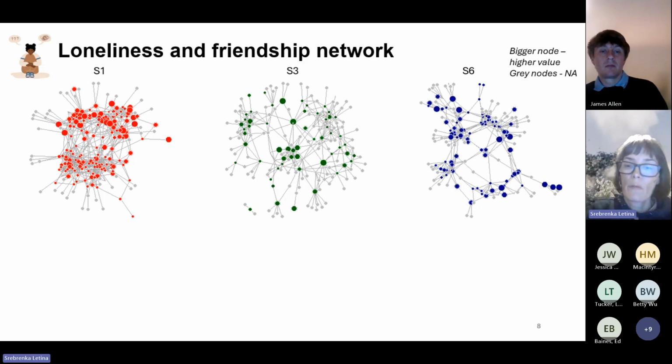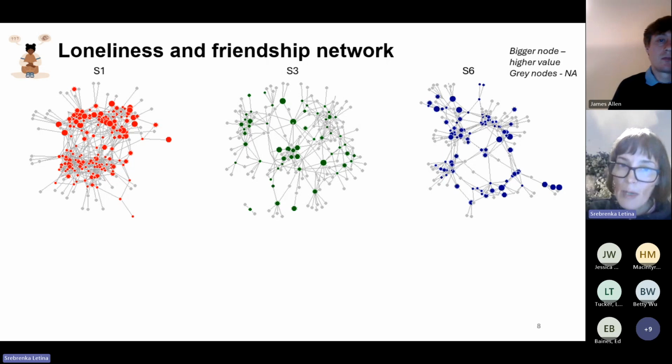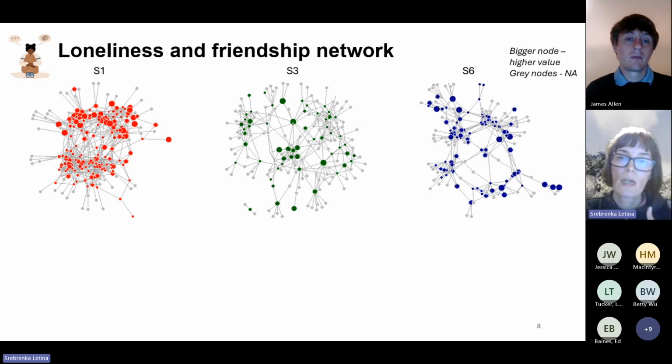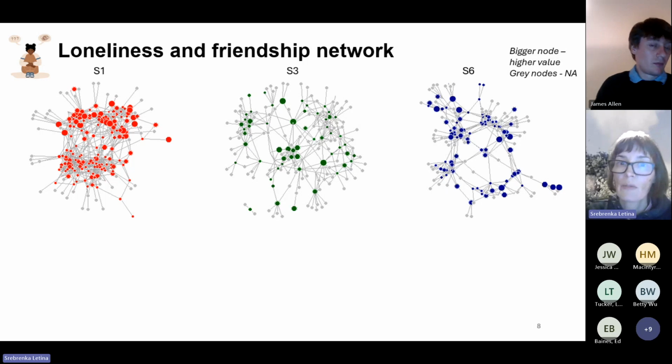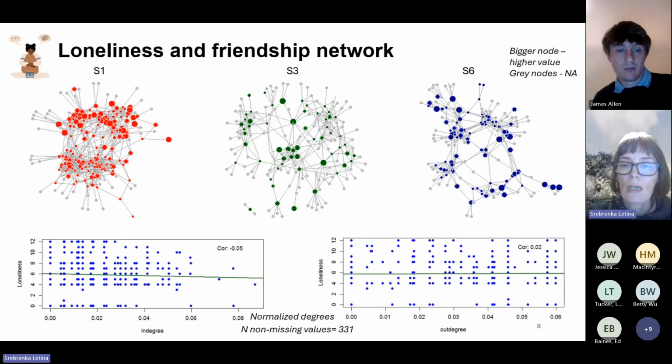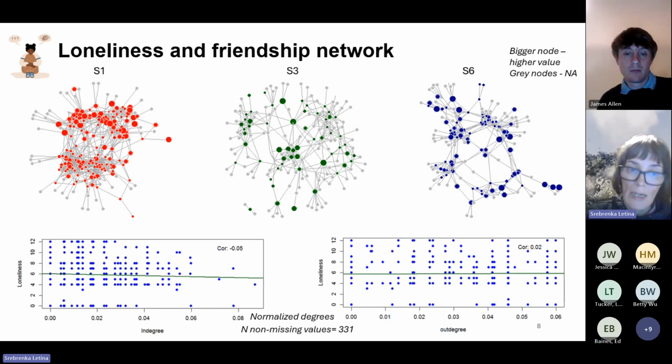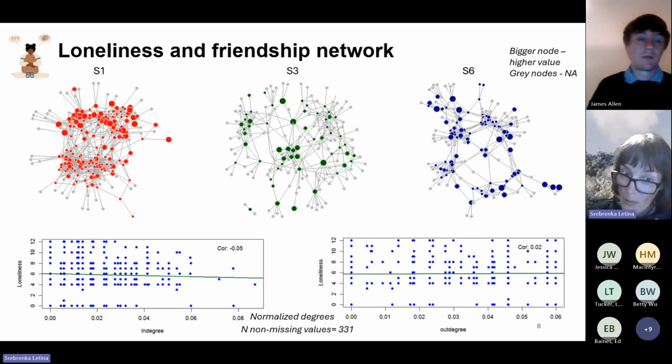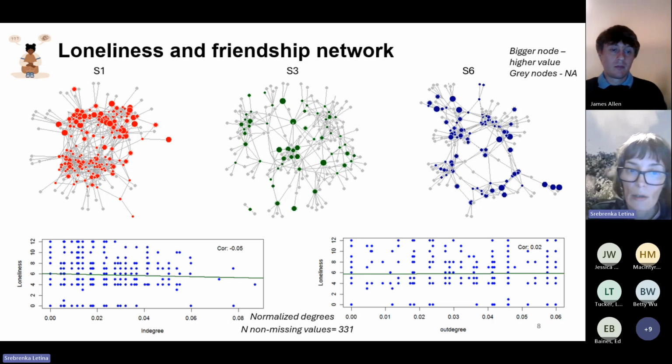However, you can measure that position in many different ways, and we will use the most simple ones, the ones that I mentioned. It's simply the number of nominations that you gave and the number of nominations that you received as a friend, to capture the network position. So you can see now below on the left, you have a scatter plot which shows you for all 3 networks together what is the relation between in degree and loneliness.